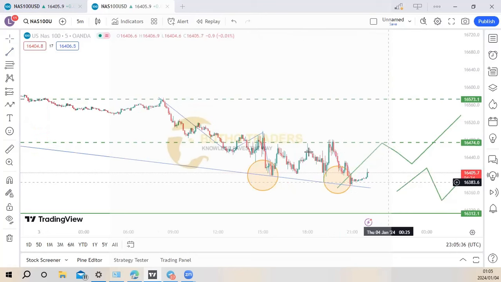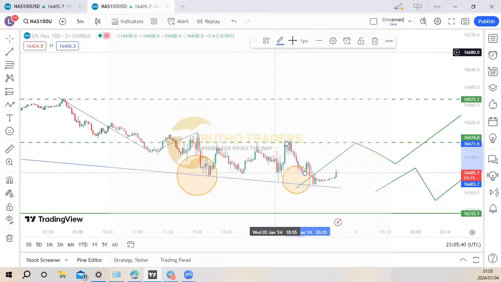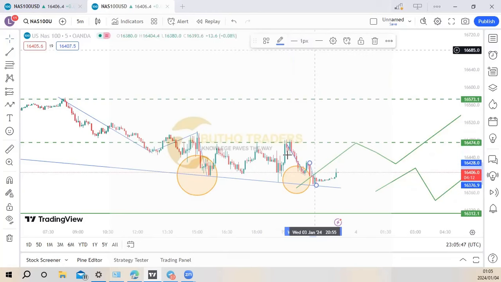I don't know if my lines are visible. I'm going to try to change the size to make them more visible. So we have a major swing high there, guys. Major swing low, major swing high, major swing low.